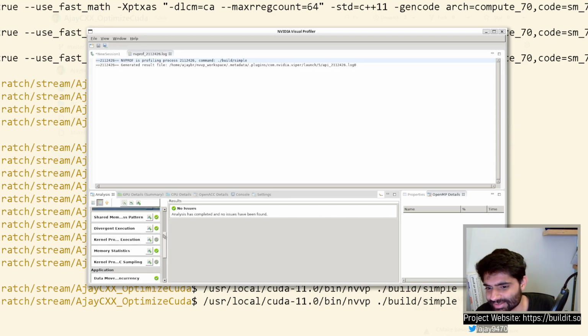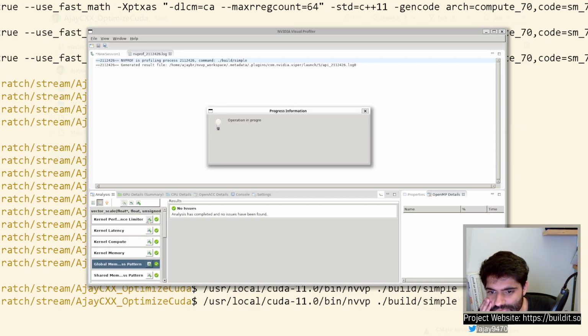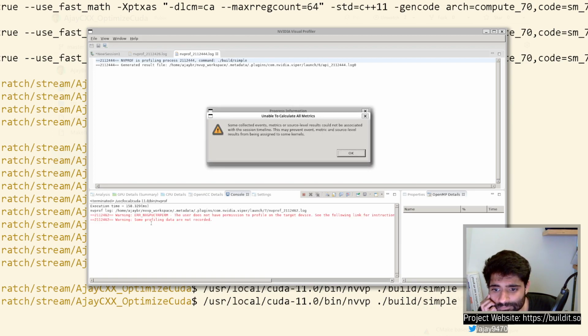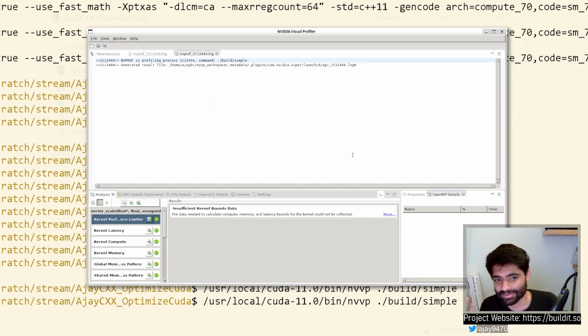It's basically saying that I couldn't find any issues, like everything must be in the ideal case.